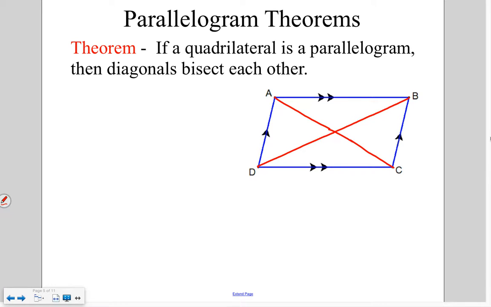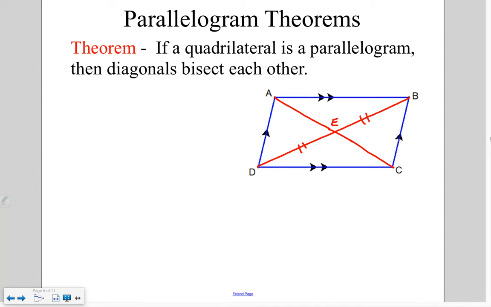Now, they bisect one another. Remember when we bisected a segment or bisected an angle, we cut it in half? Well, these diagonals are cutting each other in half. So diagonal AC is cutting the diagonal BD in half, giving us two congruent segments. If I make this point E here in the middle, the length EB is going to be the same as the length ED.